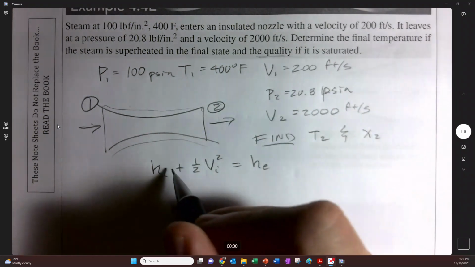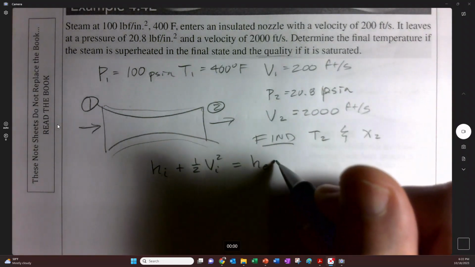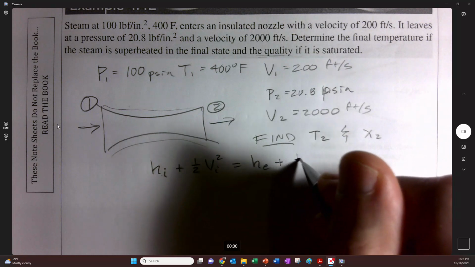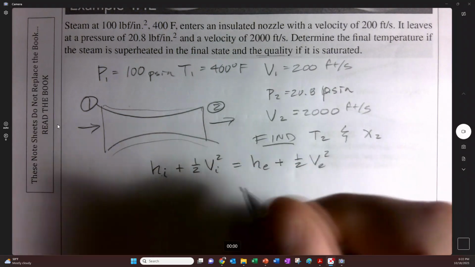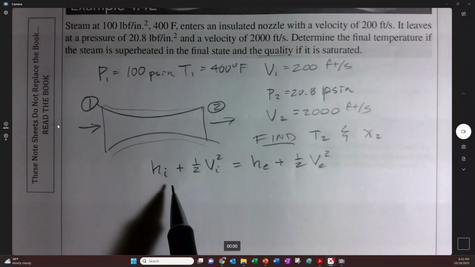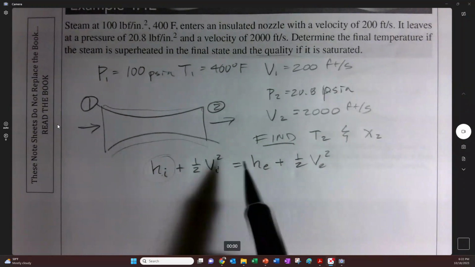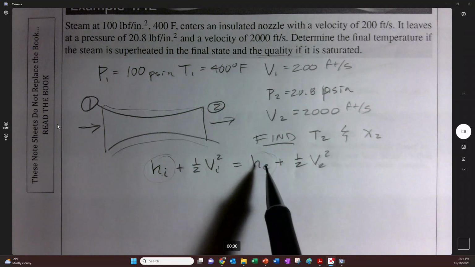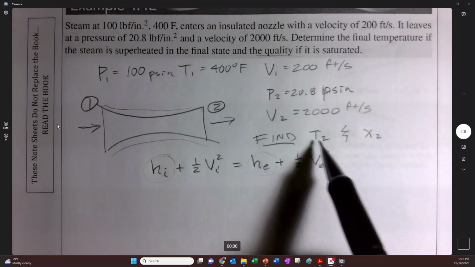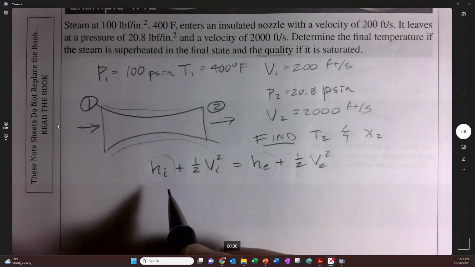And we were using inlet and exit, so we could actually just replace those with ones and twos. So we want to look up what this is. We're given this, we're going to find this, and based on that, we're going to be able to find the exit temperature. So that's our strategy for this.